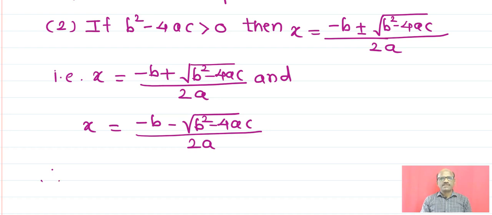These roots are different. एकदा आपण प्लस केलेलं आहे आणि एकदा मायनस.